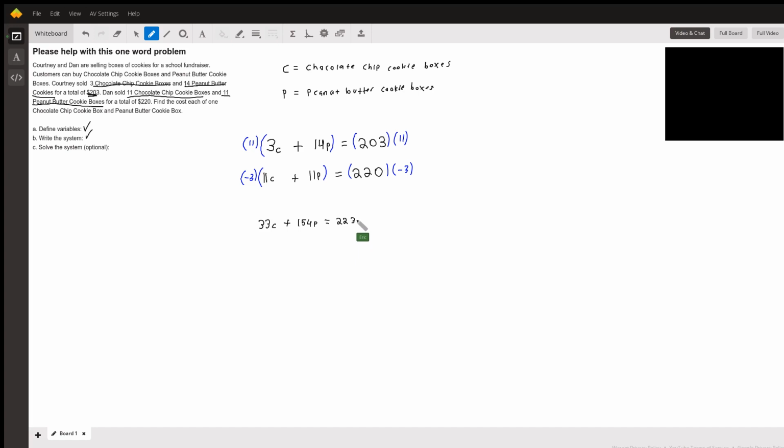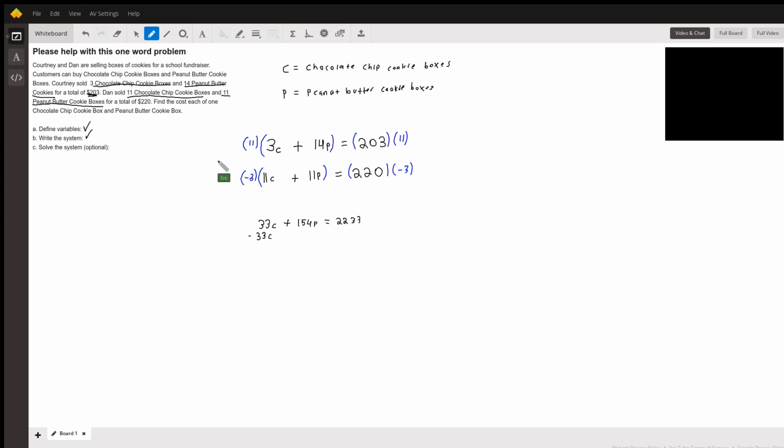So now we're going to multiply the bottom equation by -3. -3 times 11c is -33c. Notice that 33c and -33c will cancel out when we add the equations together, which is why I chose to multiply the bottom equation by -3.